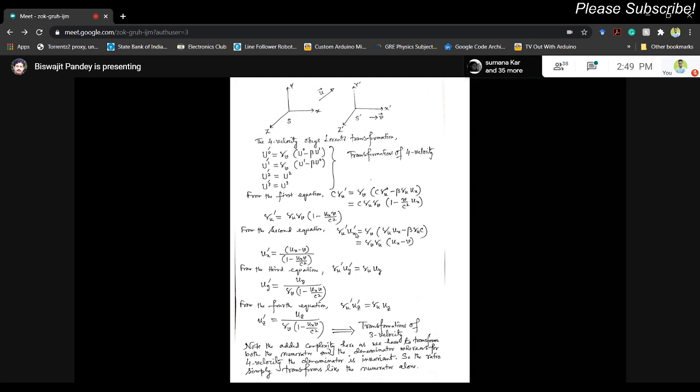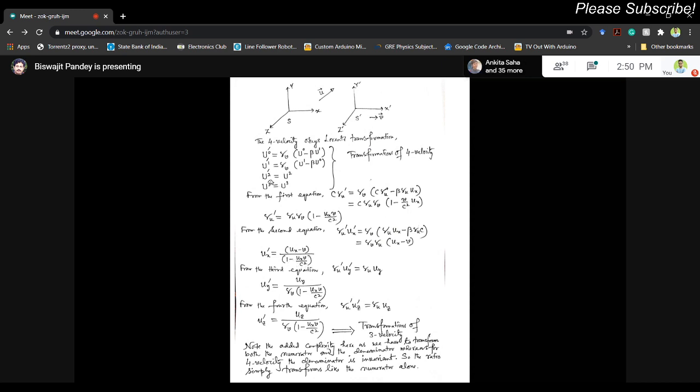So what is ux prime? I can divide it by gamma u prime, which you already know. Gamma u prime is gamma u gamma v into 1 minus ux v by c square. So if you divide this quantity by gamma u prime, gamma u gamma v will get cancelled and you are left with ux prime equal to ux minus v by 1 minus ux v by c square.